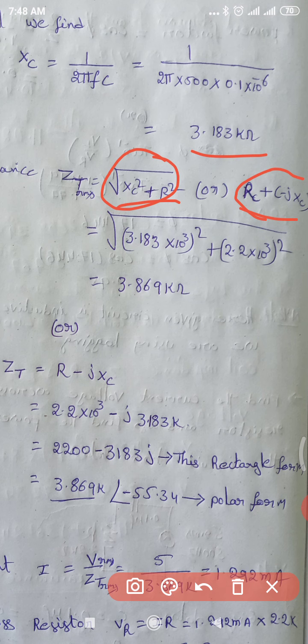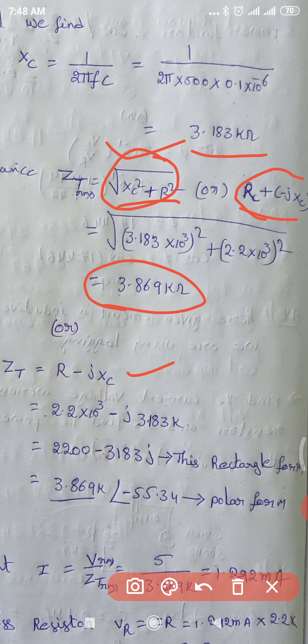Because in the given problem the voltage is given as 5 volts RMS, so we need Z RMS. For that we use the formula square root of XC square plus R square. Substituting the XC and R values, we get 3.869 kilo ohms.